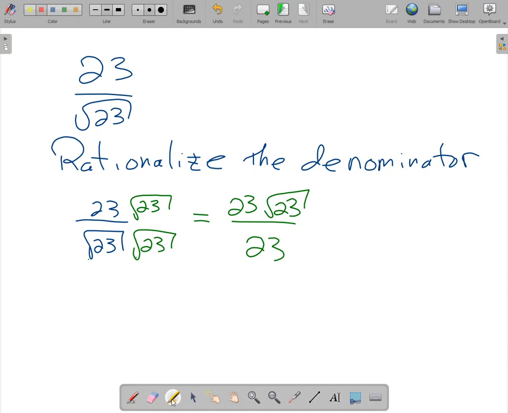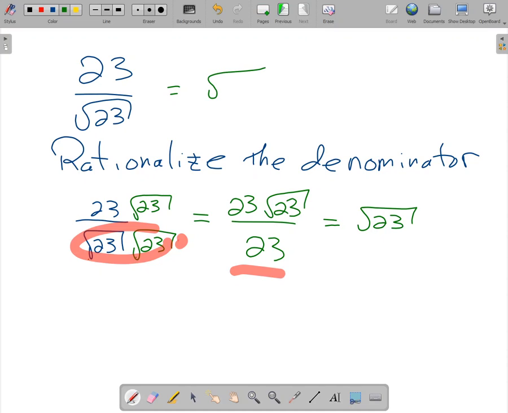So the key thing here was the denominator cleaned up. Is there anything else we could clean up here? 23 divided by 23 is 1. So ultimately, this is equal to the square root of 23. So our claim is, when we try to clean up the denominator, 23 over the square root of 23 is the same thing as the square root of 23.